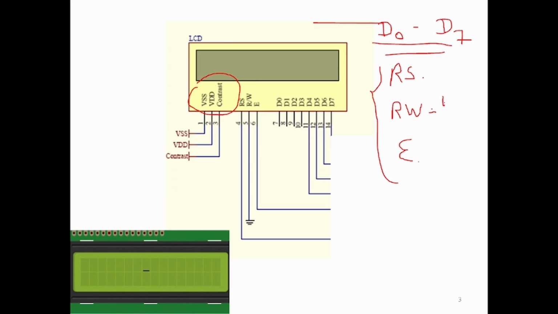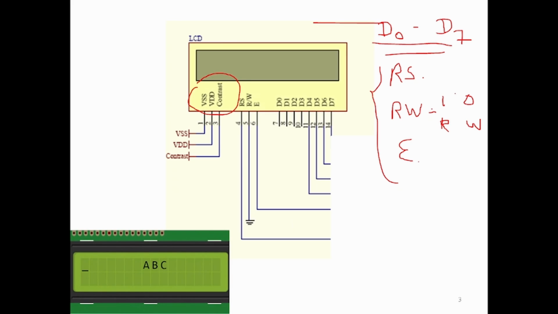So RW 1 for read and RW 0 for write. Our main goal is to write something. We want to use this LCD as a display device, so definitely we are going to write something.